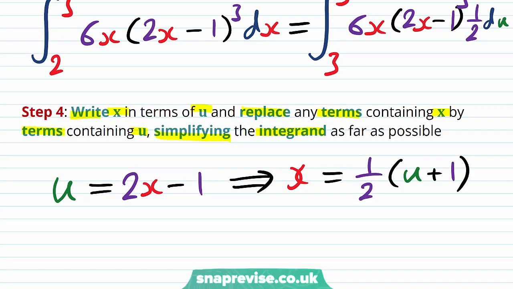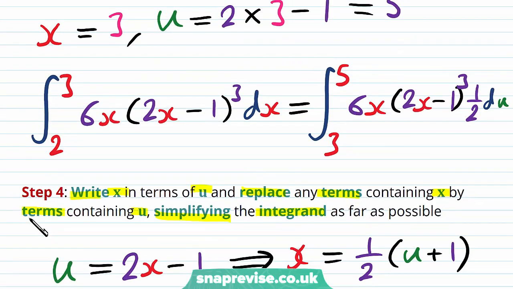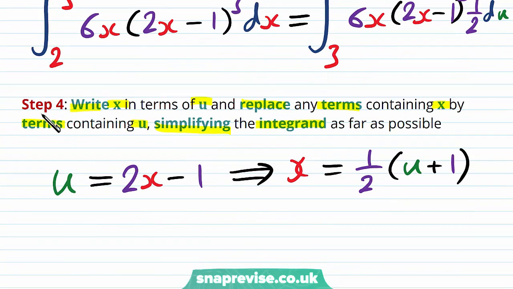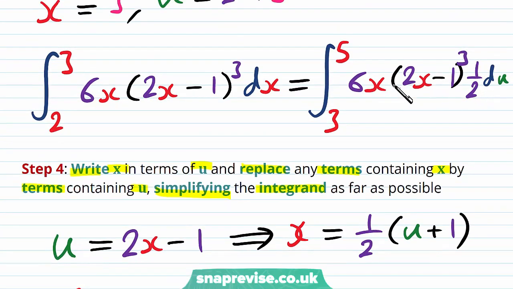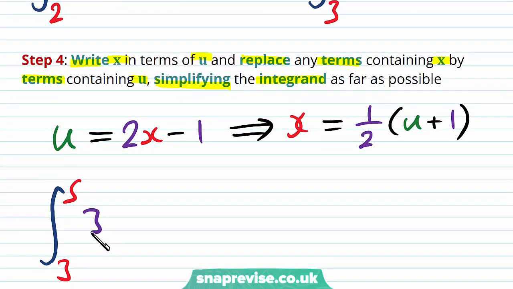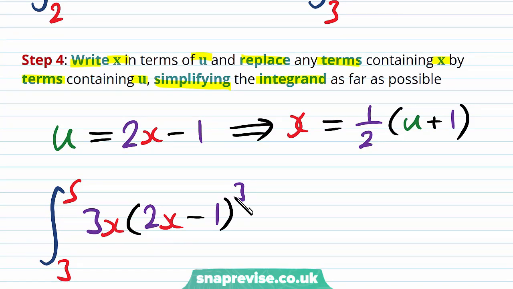If we simplify the 6 and the 1/2, we have the integral between 3 and 5 of only 3x, rather than 6x due to the 1/2, multiplied by 2x minus 1 all cubed, and this gives us our du this time.